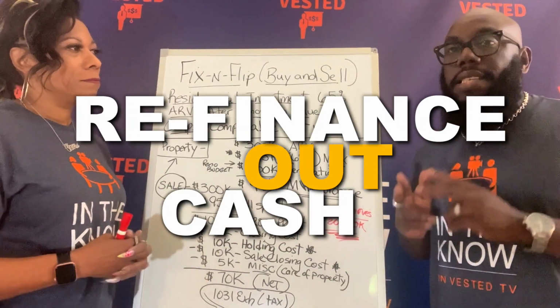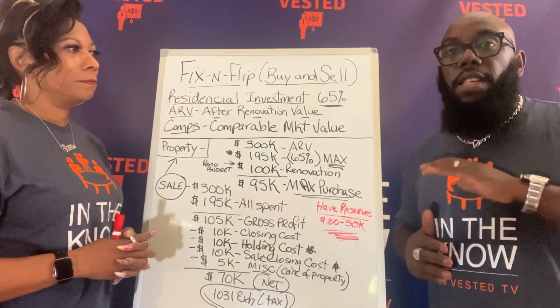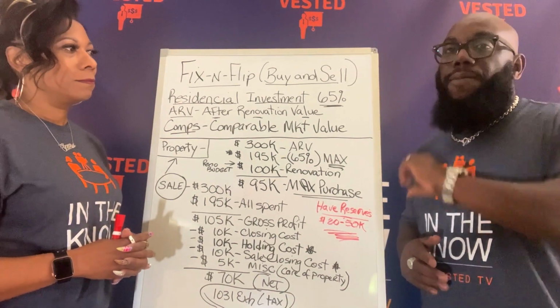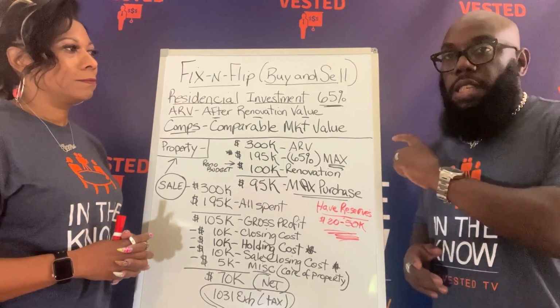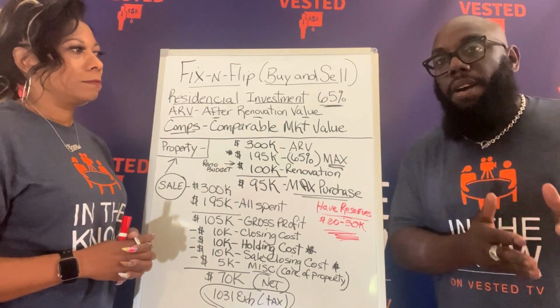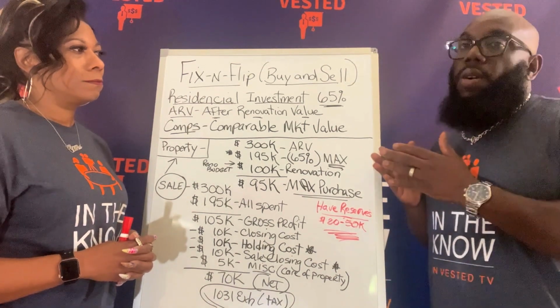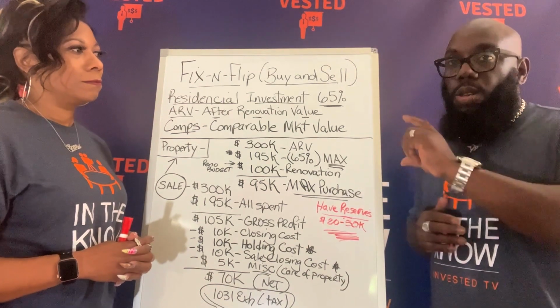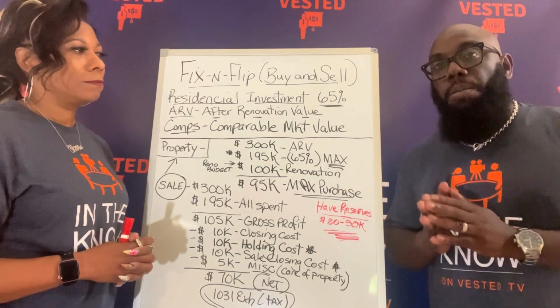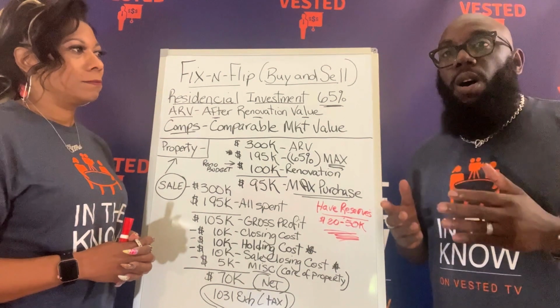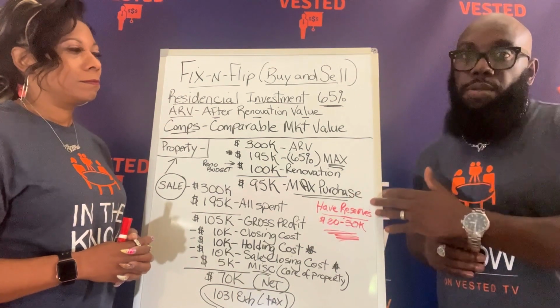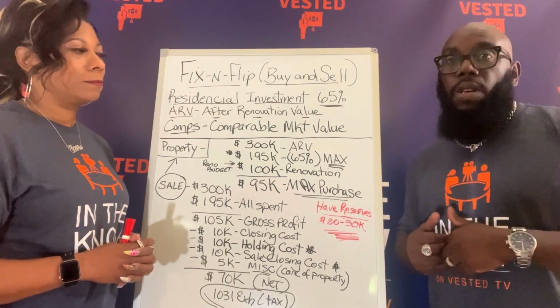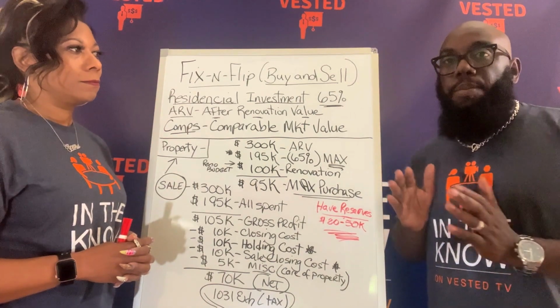And when you do a cash out refinance, the most that they're going to give you is 75%. So you need cushion between how much you're into the property for and how much you're going to exit the property for. They're only going to give you 75%. So you got that much room. And remember, you're going to have other costs outside of that 195 that you need to make sure that you get back. So you need to have that 10% cushion.